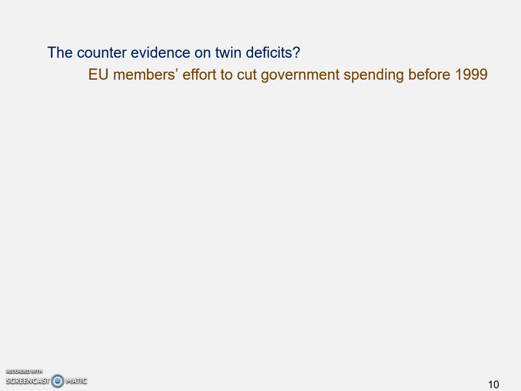They do not allow the member economies to run a huge government deficit. Their concern would be, if a European economy has a huge government deficit, then later that economy could get in trouble.